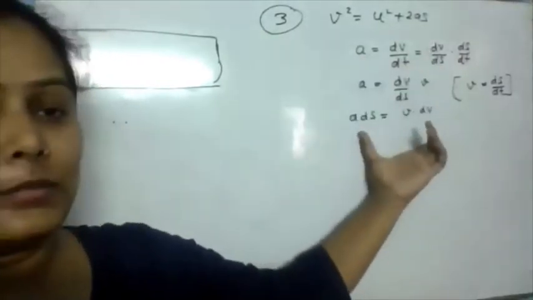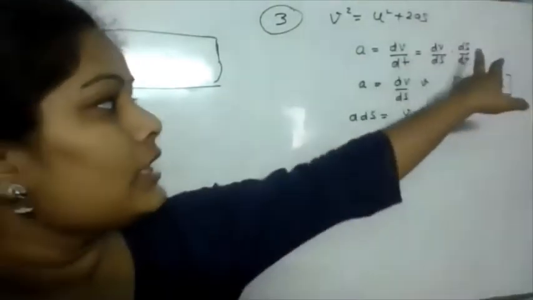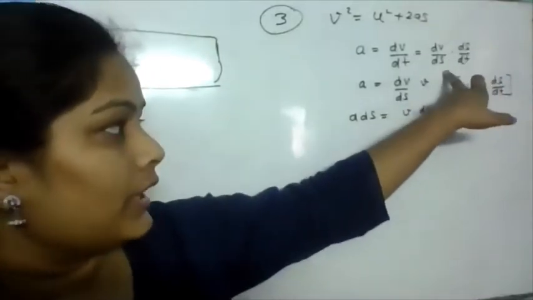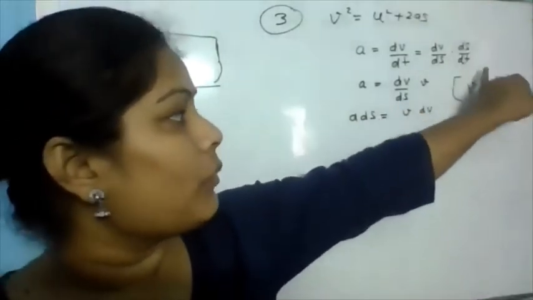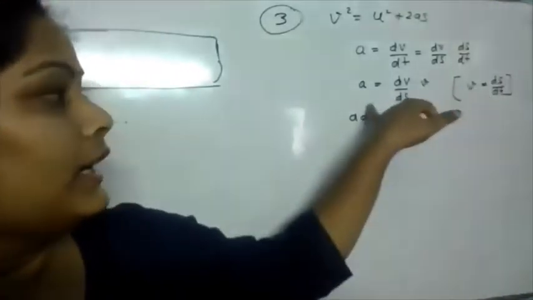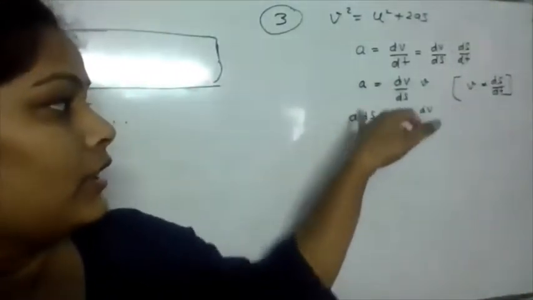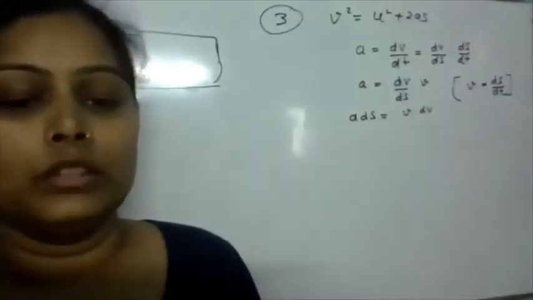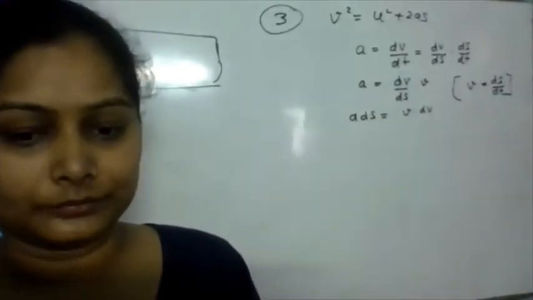It's simple mathematics. We have not done any physics yet, we only multiplied by ds and divided by ds. Now we know that ds upon dt equals velocity, so we just put the velocity here and multiply this ds here. a ds equals v into dv.